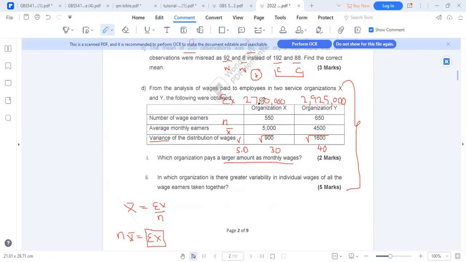So which one pays more money? Organization Y. Correct.